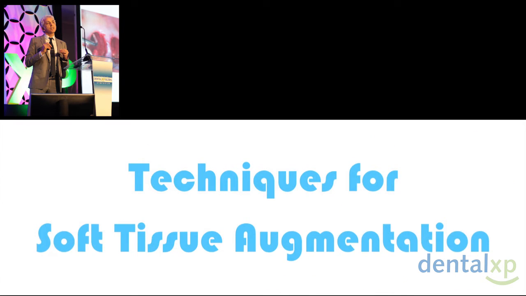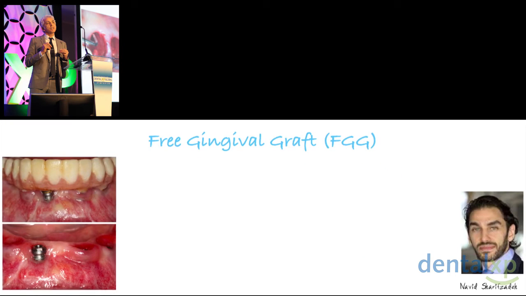So what technique shall we use? Are there different ways to perform this? Well, we have a variety of different techniques. We have the free techniques, we have the pedunculated techniques, and I'll try to address a few of them. Here's one case performed by one of our senior periodontology residents at USC.